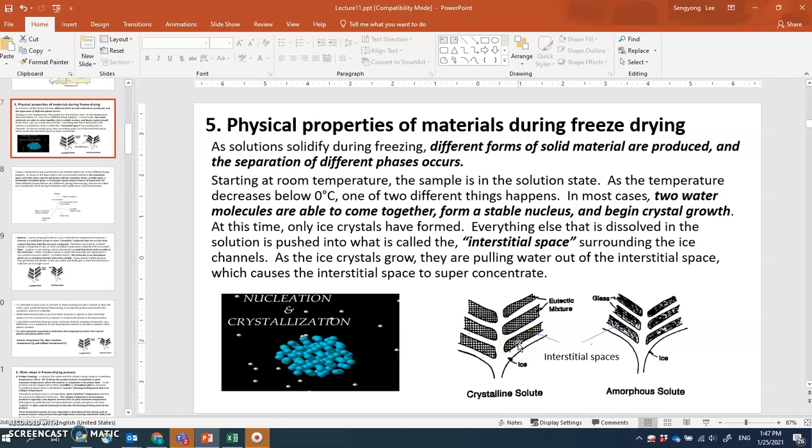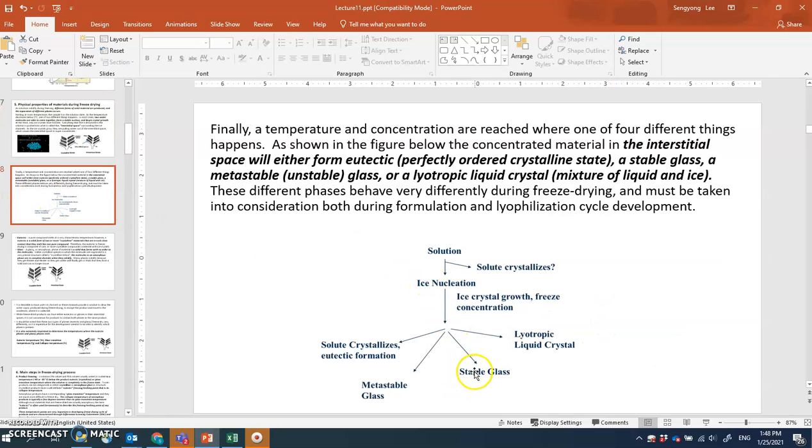water. Okay, so then the main question is, in what condition are those API and excipients existing in this space called interstitial space, this space, okay? So they may exist as a eutectic mixture condition or glassy condition. So these are the possible conditions.